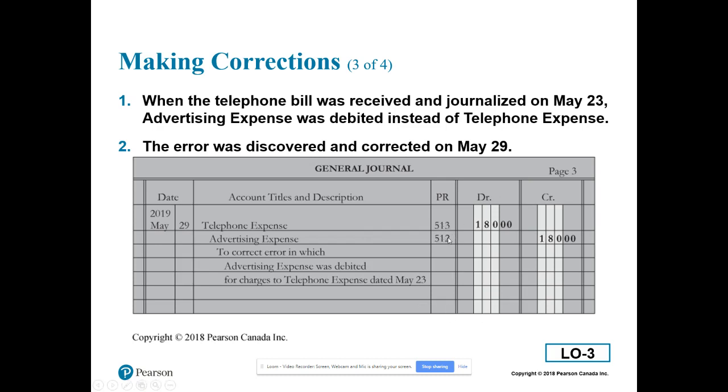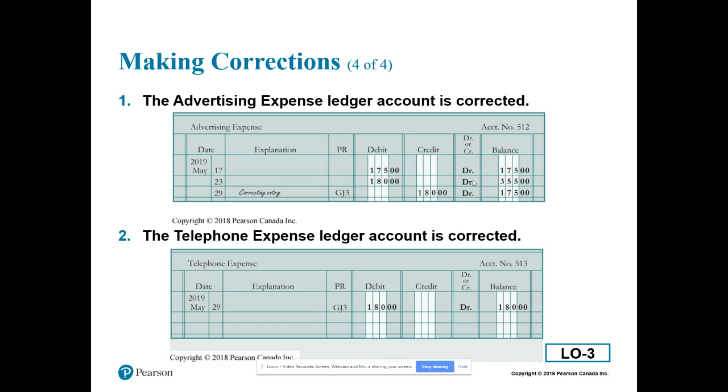Next entry, that 512 is not there yet. I go to the advertising expense general ledger. I say I need to do a credit to there. Where did it come from? GJ3. In this case, I say this is a correcting entry because expenses almost always never have credits in them other than adjustments. So here's the exception.